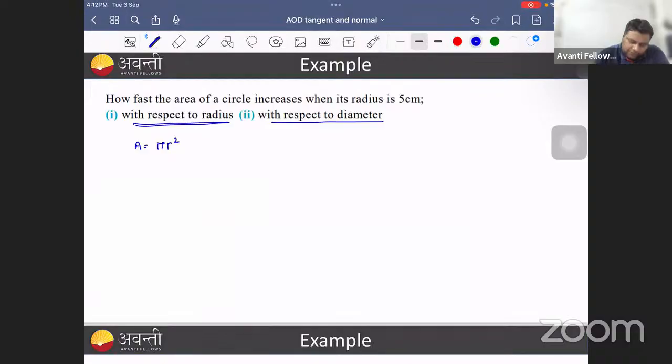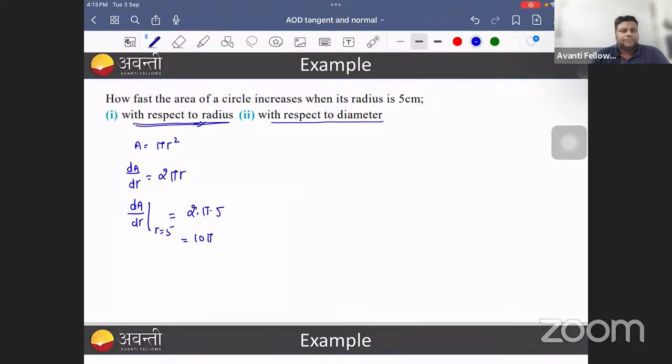They are asking for the rate of change of area with respect to radius. Well, we will just differentiate it with respect to r. So dA upon dr is 2 pi r. Got it? So the rate of change of area with respect to radius when radius is 5 is going to be 2 pi into 5, that is 10 pi.